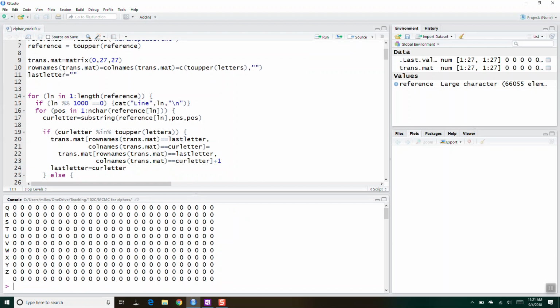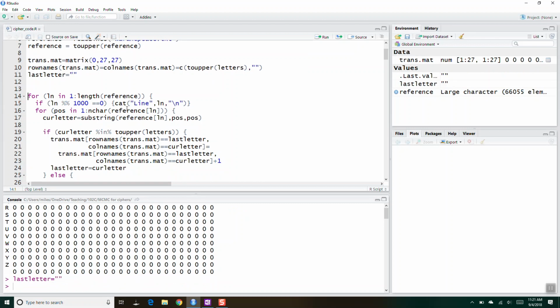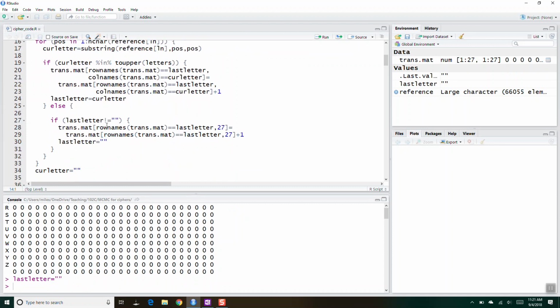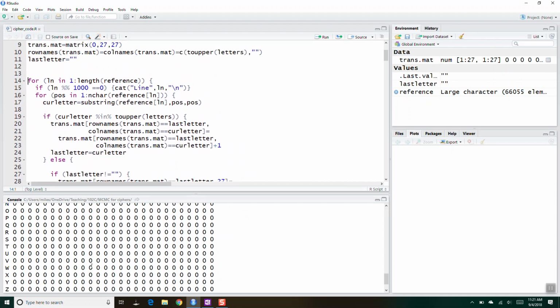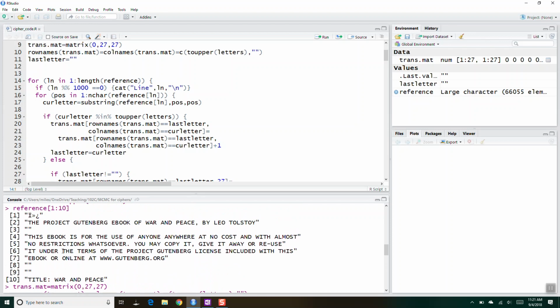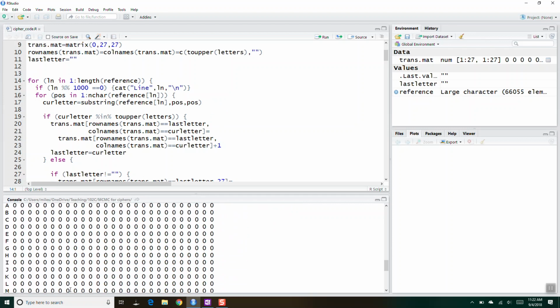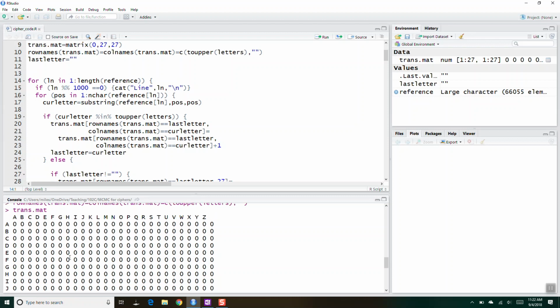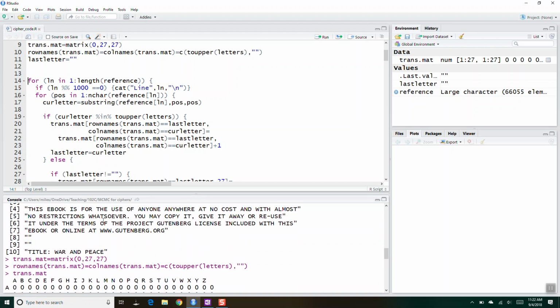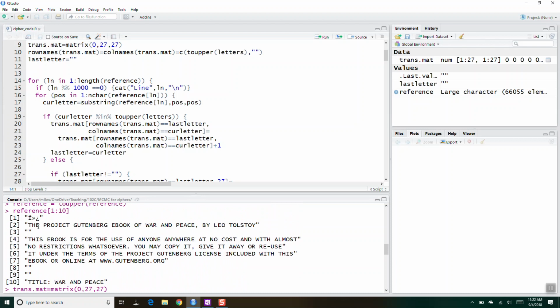And then we're going to say the last letter we saw was a space. Okay, and then this part just says go through this text and say, okay, you see TH, put a tally at the intersection of the T row and the column H, okay? Then the next thing that we see is HE, put a tally at the row H and the column E. And then it says E space, put a tally at the row E and the column space, okay?